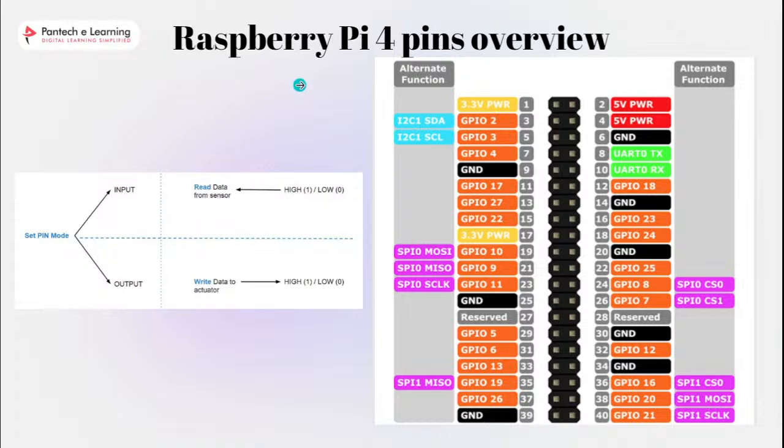Okay, let's get back to the topic, which is GPIO's digital pins. The Raspberry Pi 4 GPIOs are quite similar to what we call digital pins on an Arduino board. Those who are familiar with Arduino will know about digital pins, right? First you need to choose whether you want to use them as input or output. This is the first step. If you configure the GPIO as input, you will be able to read a value from it, either high or low.